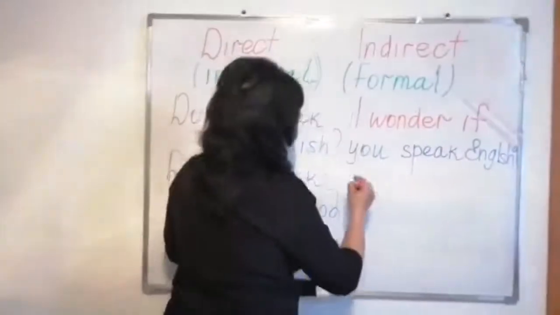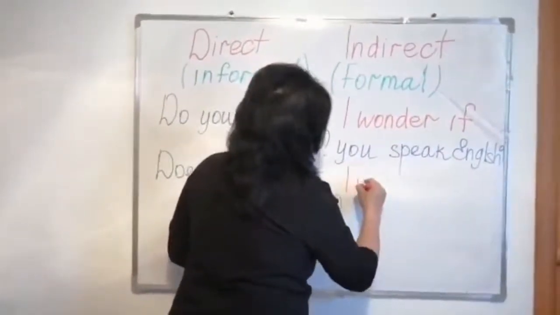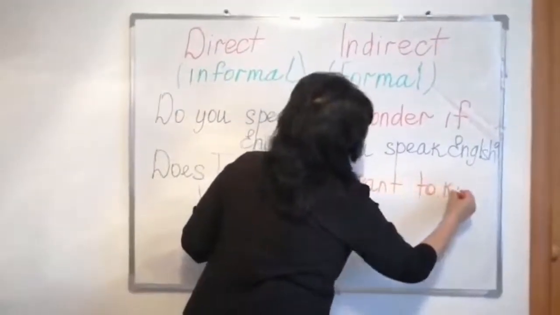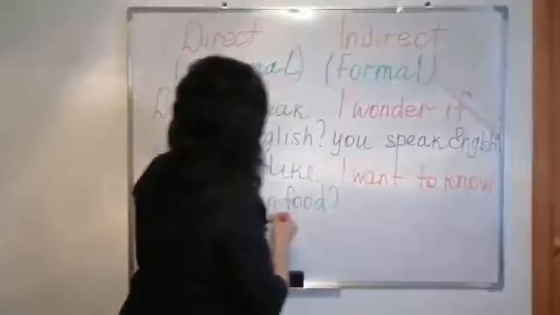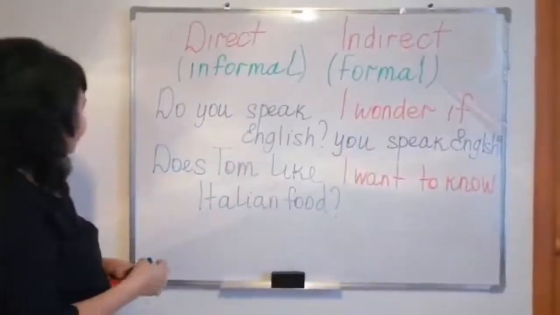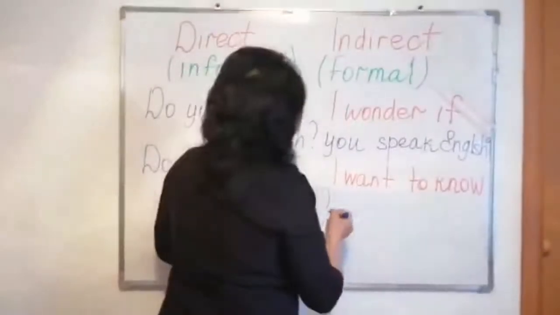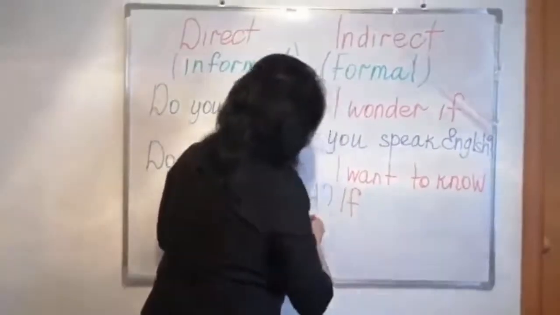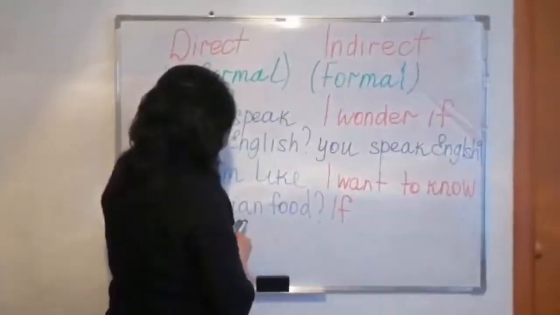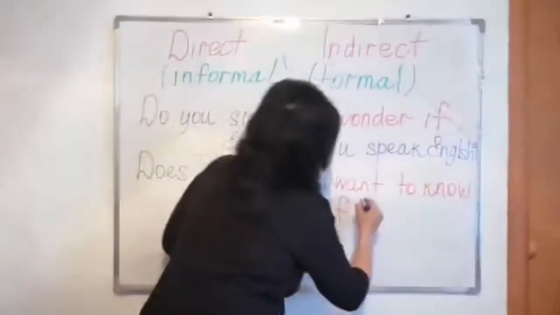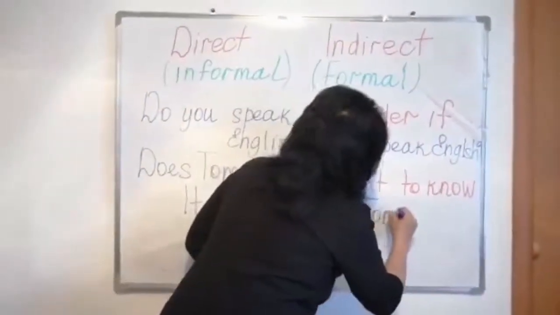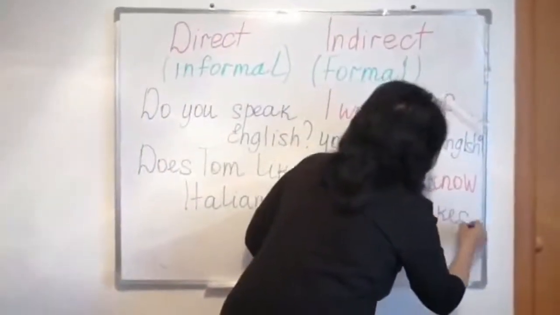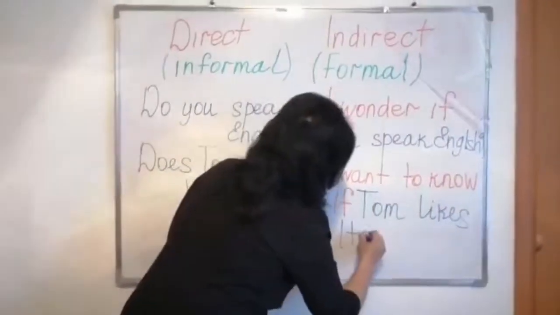Firstly, we write I want to know, the special phrase, then if, then the subject: I want to know if Tom likes Italian food.